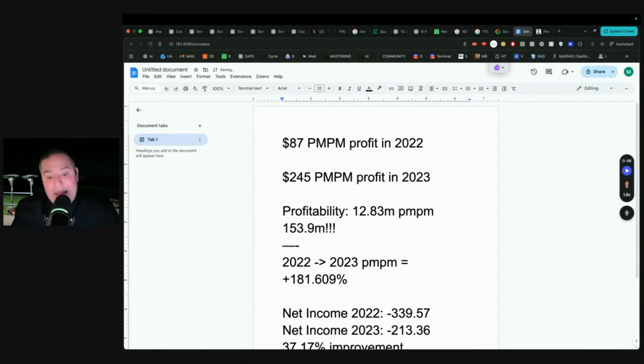And a lot of that was destroyed by ACO. So you could see in 1 year, they improved by $153.9 million in 1 effing year. That is huge. That is huge.